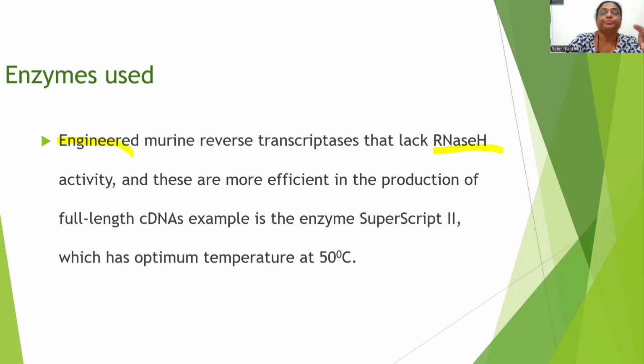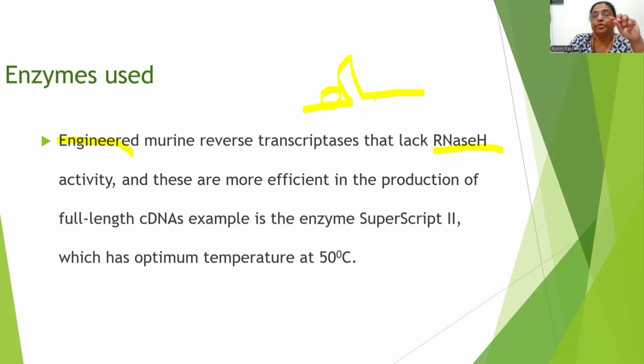Second, these reverse transcriptases have the optimum temperature of 37°C. So the mRNA can form such types of secondary structures. Now when the enzyme comes to this secondary structure, it is going to leave the site. The enzyme is not going to move forward when there is a secondary structure.